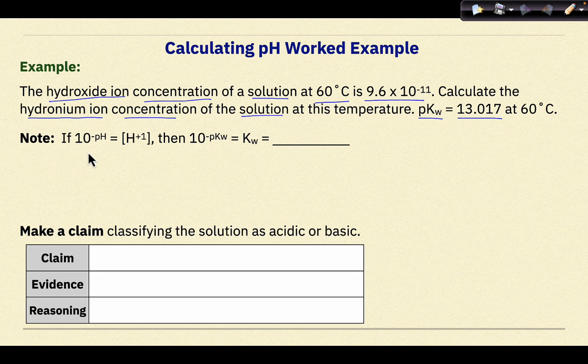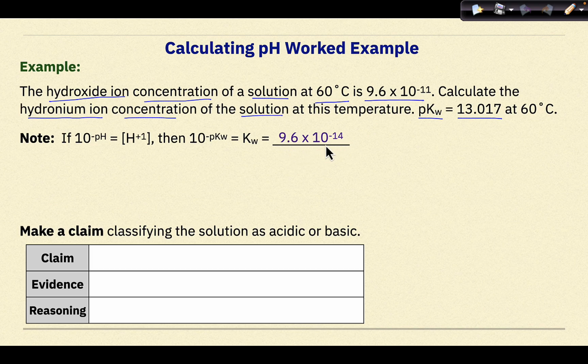So one thing to remember, the antilog of the negative pH is going to give us the hydrogen ion concentration. So if we take the antilog of negative 13.017, our Kw will be 9.6 times 10 to the negative 14.